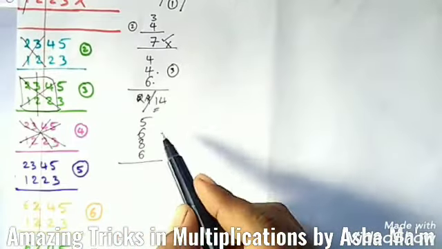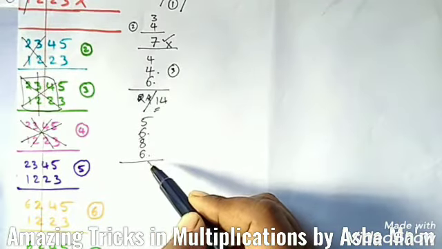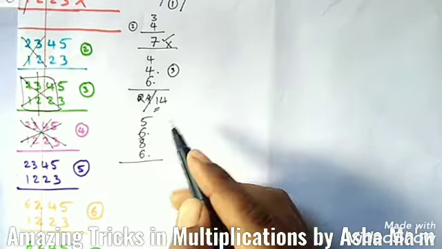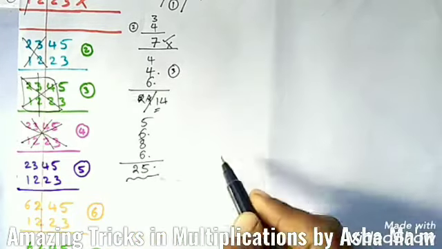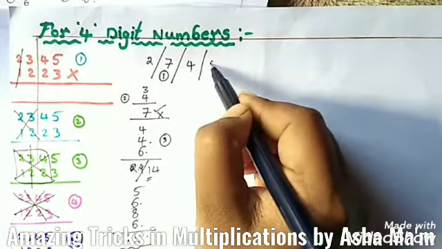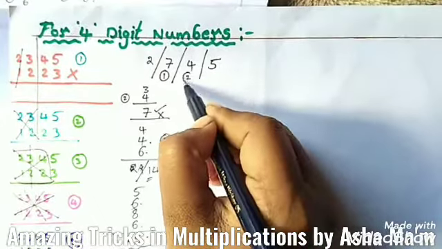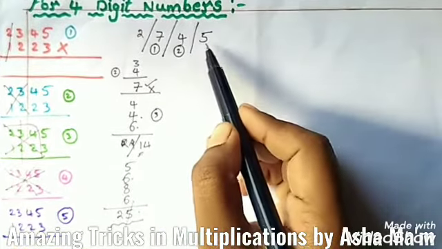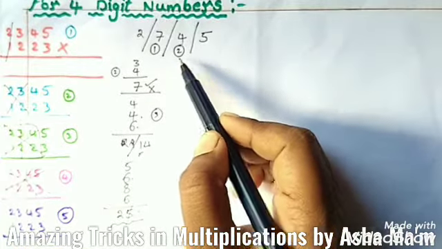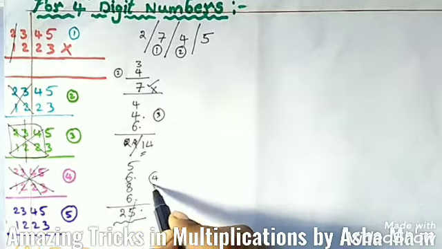You can add these numbers. 6 plus 6 12, 12 plus 8 20, plus 5 25. In this 25 you have to write here 5. This 2 should be written here. Okay, in this 25, 5 should be here, then 2 must be below the 4. This is about rule number 4.